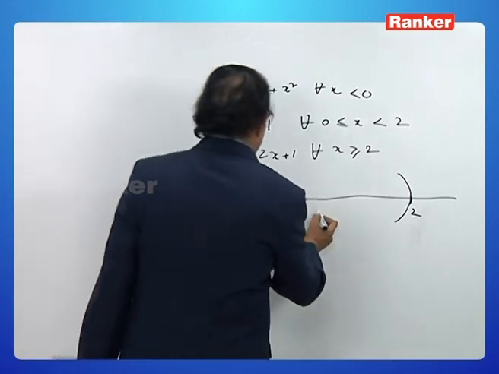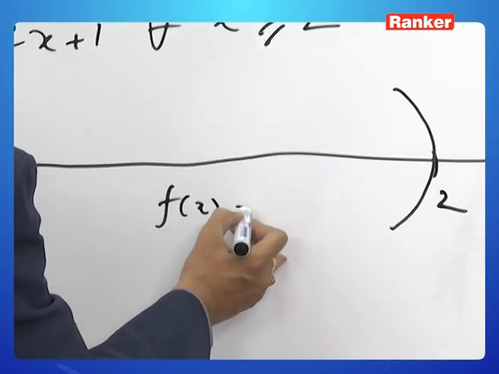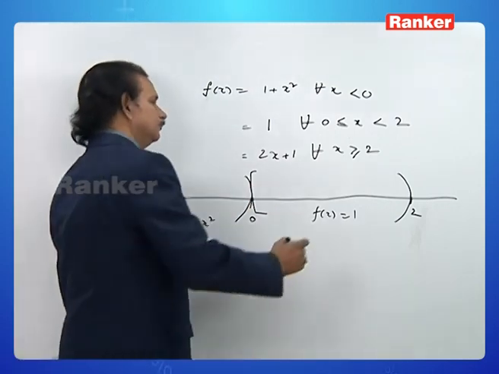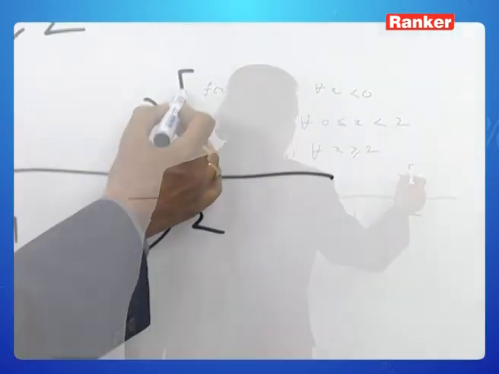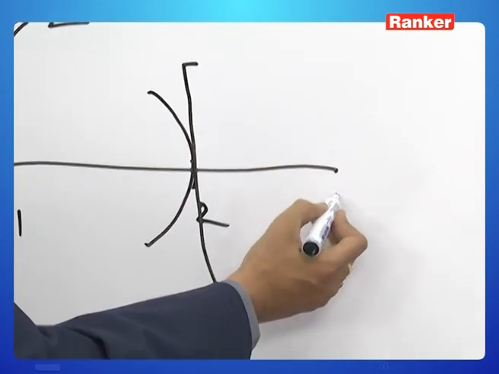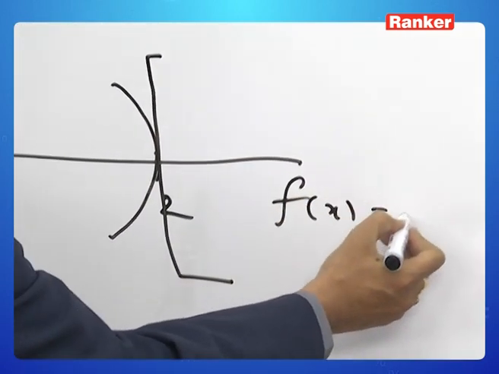The definition, f of x is a constant function, f of x equal to 1. After 2, f of x is equal to x plus 1.